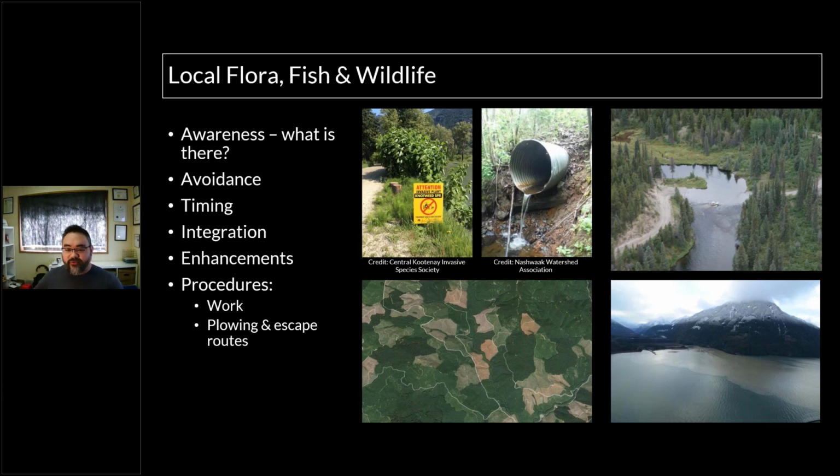Is there a stump or a tree that, if I have to remove it, I'm going to remove a big chunk of the stream bank? Or even understanding that if you're putting a bridge in, even if you leave that swath of vegetation between the stream and the cut for your riprap or road fill, once you cover that with a bridge, it doesn't have sunlight anymore and it's going to die.